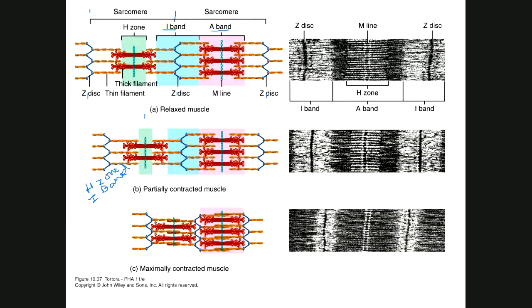What about the length of the thin and thick filament? That's also going to remain the same because contraction occurs with what we call the sliding effect of the thin over the thick.